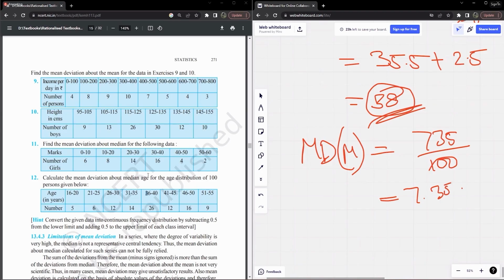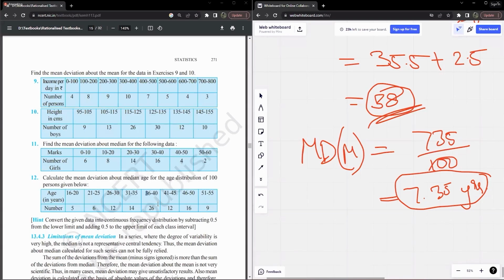Cool. Because the median age is measured in years, your mean deviation is going to be 7.35. That's it. That's it for exercise 13.1.